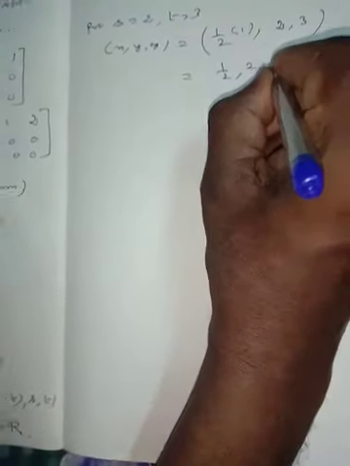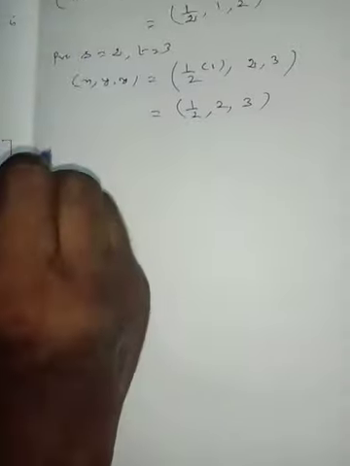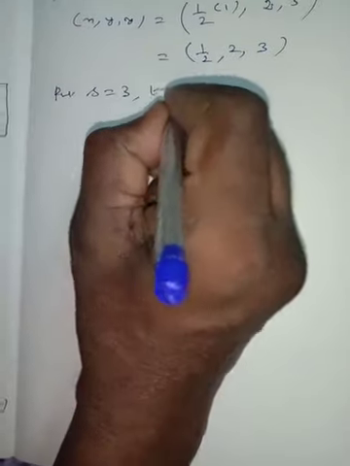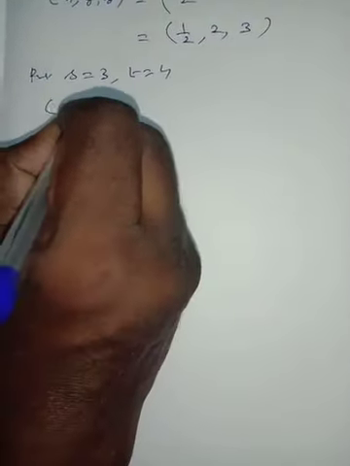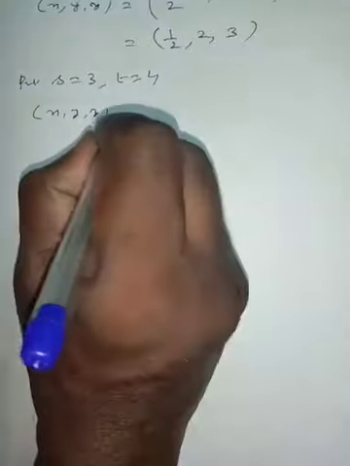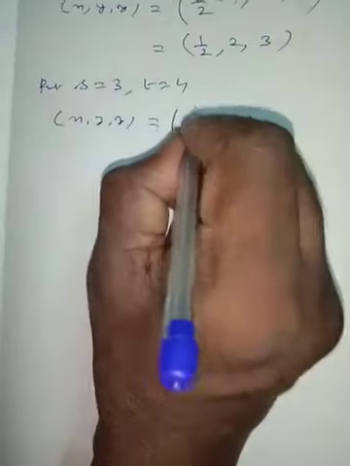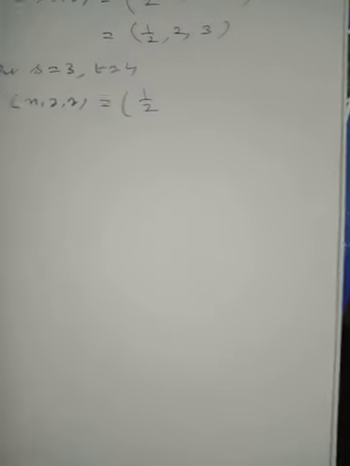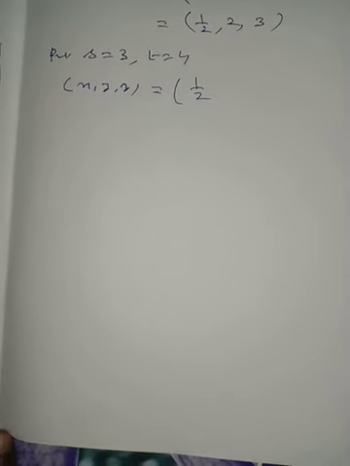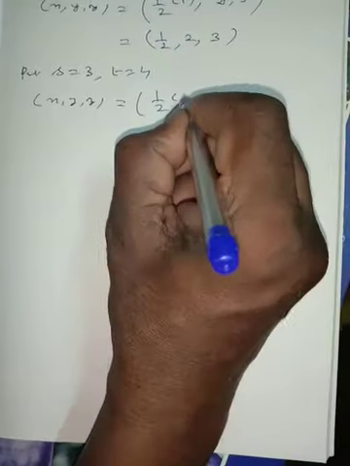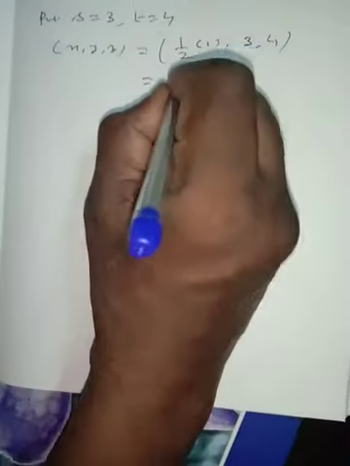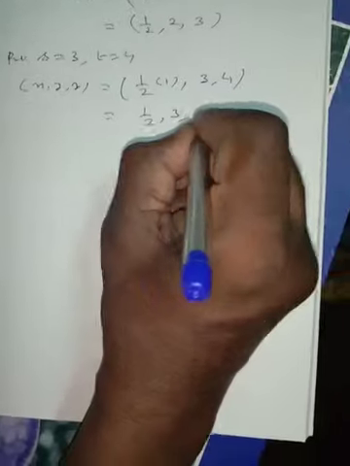Put s is equal to 3, t is equal to 4. x, y, z is equal to half into 3 plus 2 is 5, 5 minus 4 is 1, again 1 by 2, comma 3, comma 4.